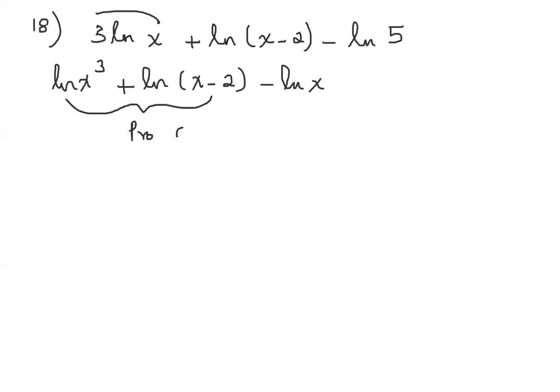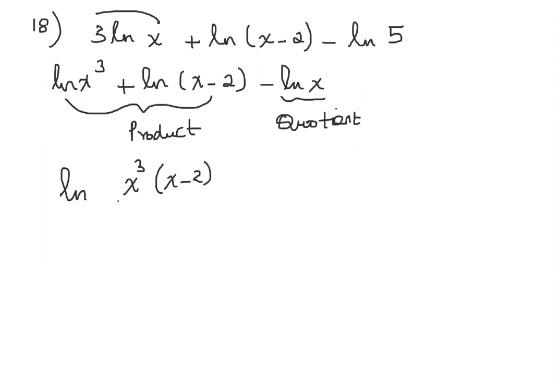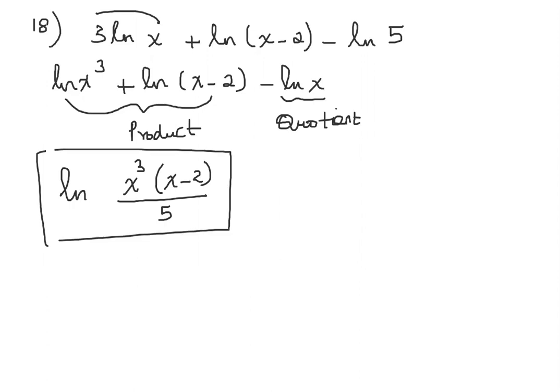So it's going to be in the numerator. And this is going to the denominator because this is the quotient. So it's going to be ln of x to the third times x minus 2, and the denominator is 5. So that is the answer.